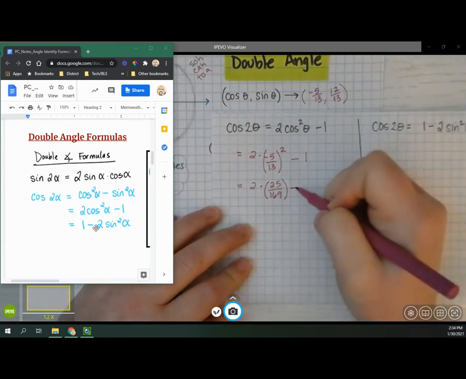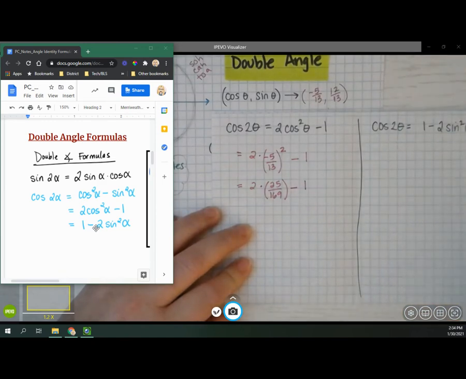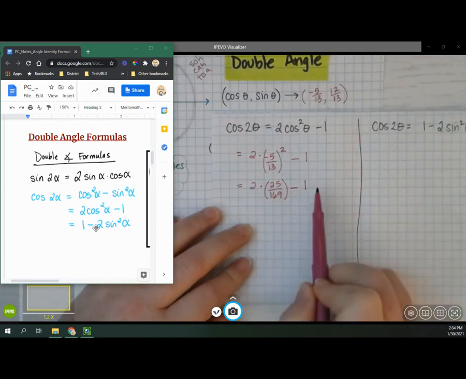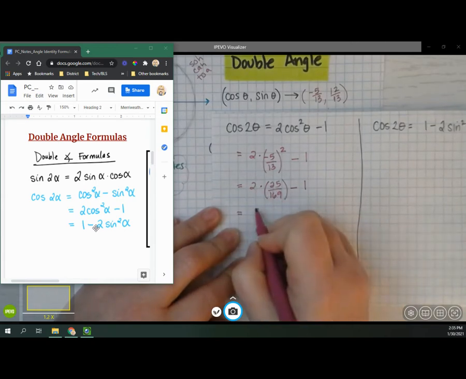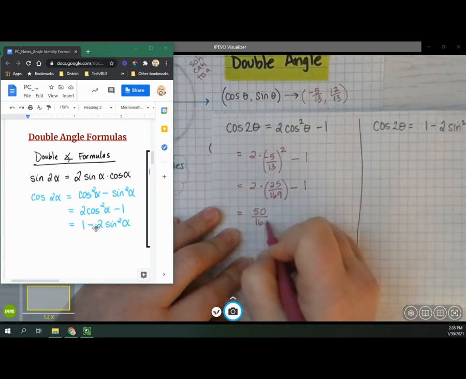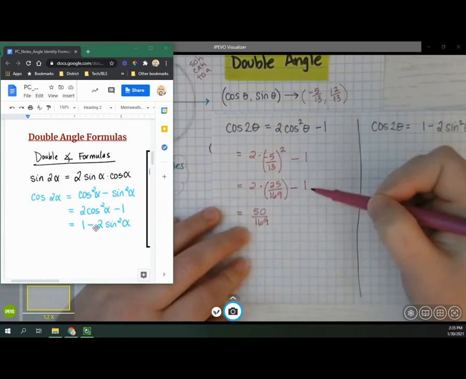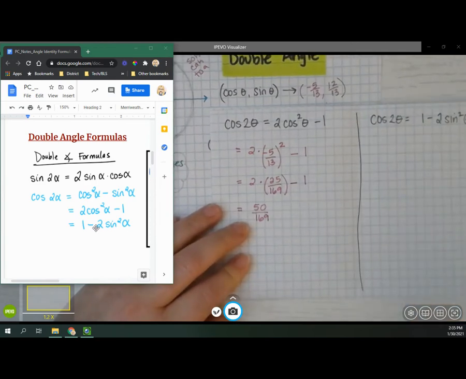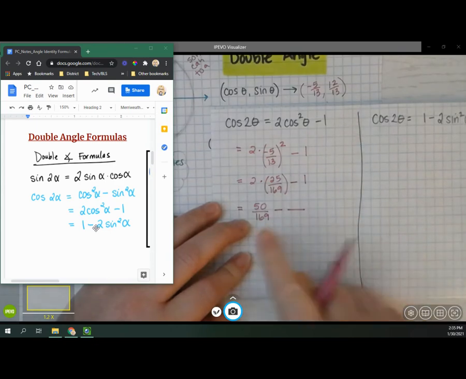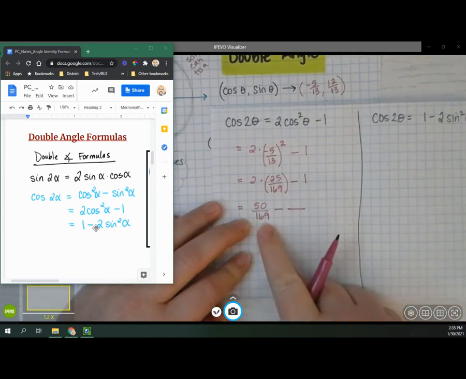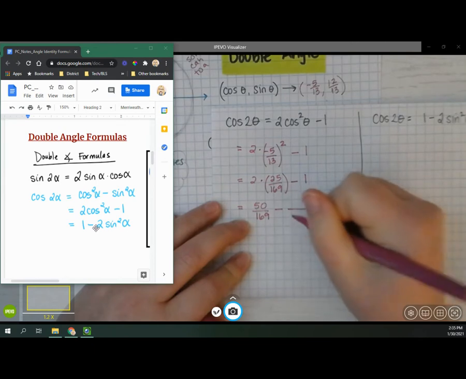Now we are going to continue using PEMDAS. Multiplication needs to happen before subtraction. So let's multiply. 2 times 25 gives me 50 over 169. Now I could put minus 1, but minus 1 actually wouldn't be helpful. Instead, I want to make this a fraction as well. The denominator is 169.